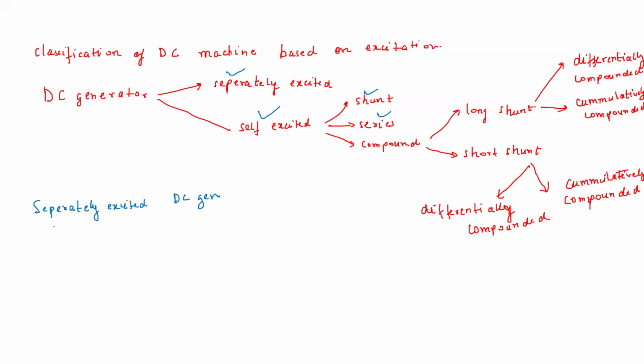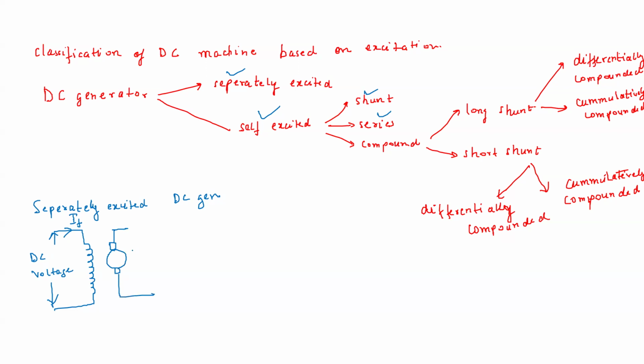So here what happens is that you have a field winding which is given a separate DC voltage. Okay. Now here you have the armature.